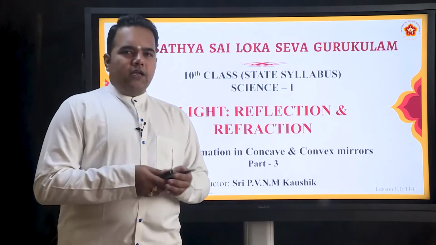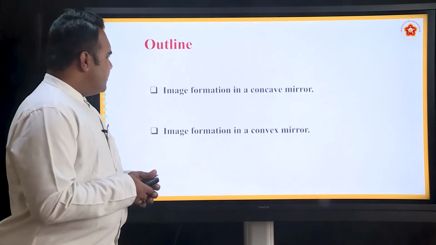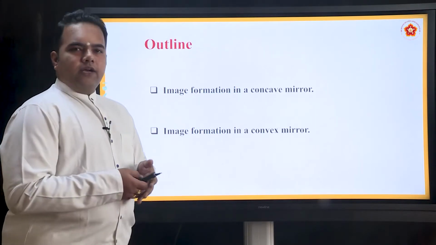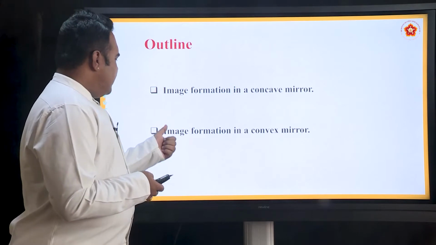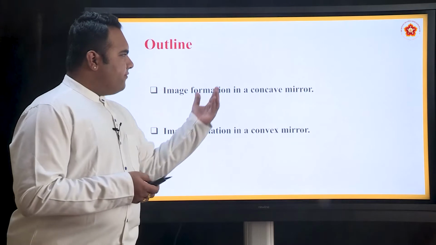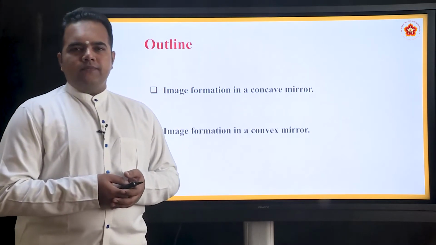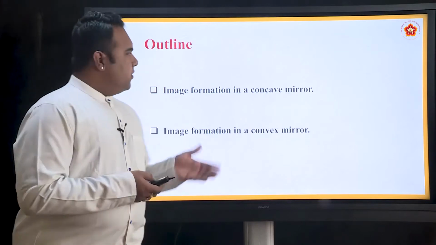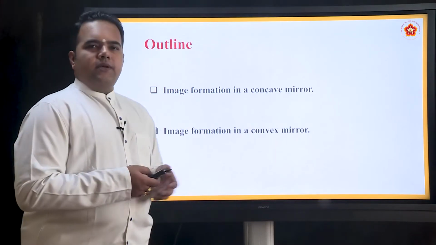Now in this particular module we will be discussing how the image is formed in a concave mirror and the image formation in a convex mirror. So we have a mirror that is placed and the object is placed in front of the mirror.